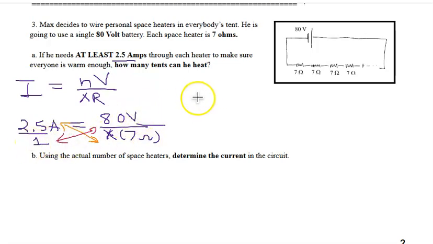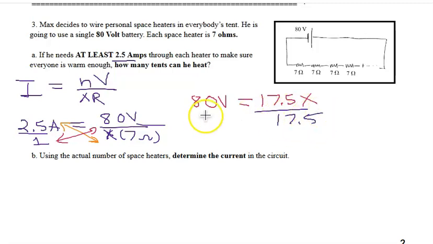So we get 80 times 1 is 80. And then 2.5 times 7 is 17.5 X. All right, and then divide both sides by 17.5 so we can isolate X. And we get X equals 80 over 17.5, or 4.57 heaters.